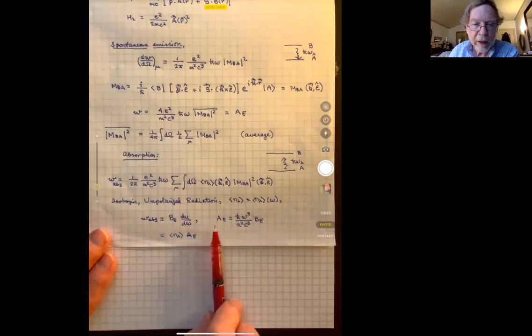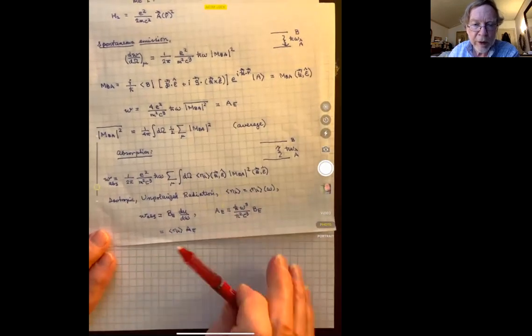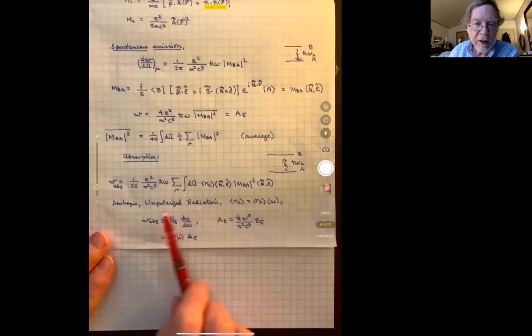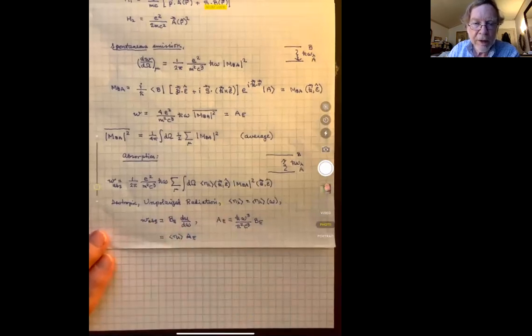And the result of our calculation is a proportionality between these two with the coefficients that we worked out, and here they are. So this is the setup, or derivation, of the Einstein A and B formalism based on quantum electrodynamics.